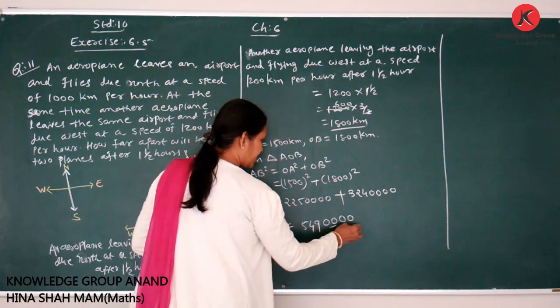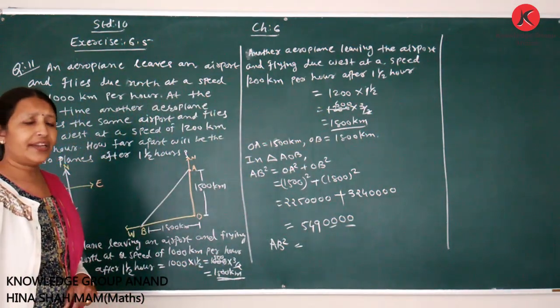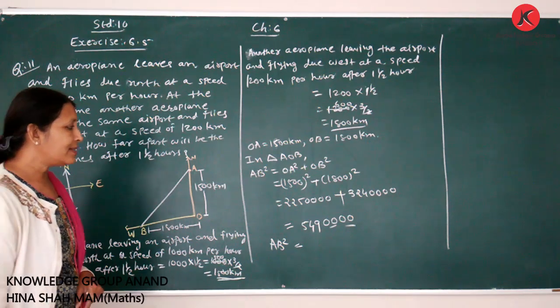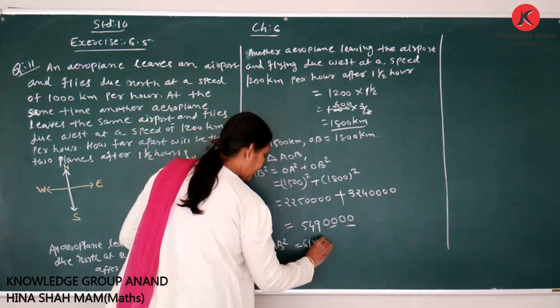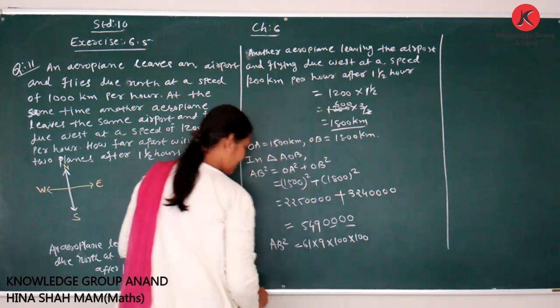It is 100 square. 549 divided by 9 is 61, so it is 61 into 9 into 100 into 100.